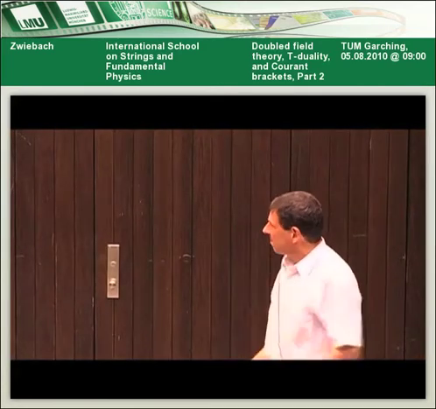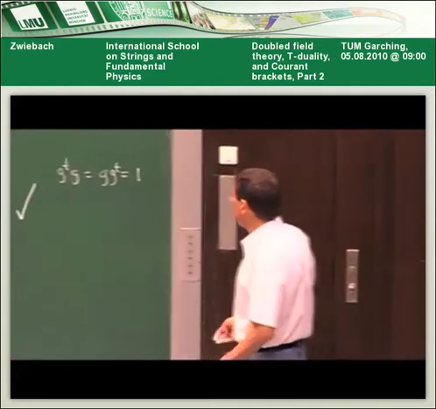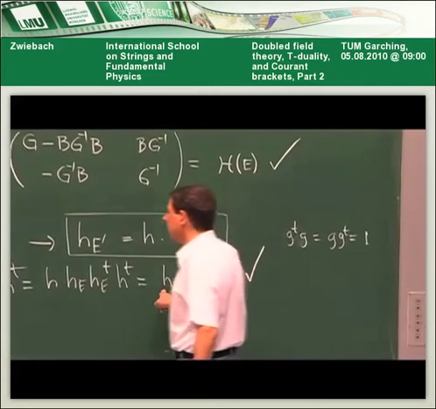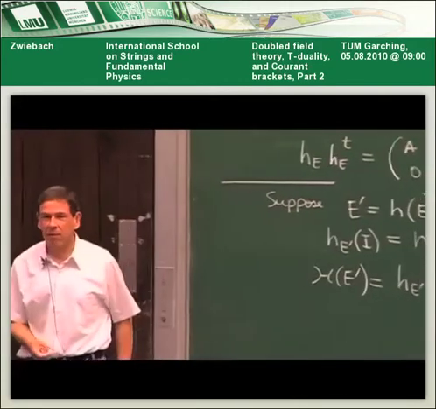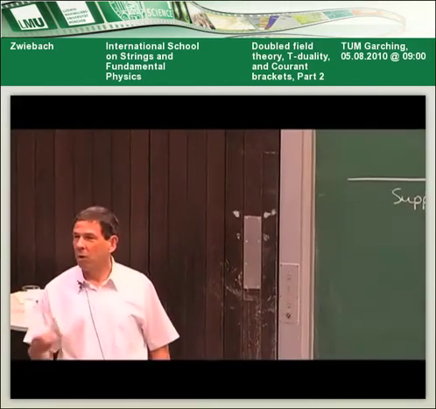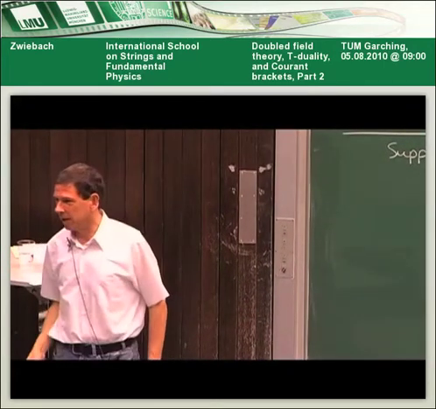So that is the way one can prove that the generalized metric transforms. And the generalized metric is therefore a rather beautiful ODD object, transforms by similarity on the two sides.